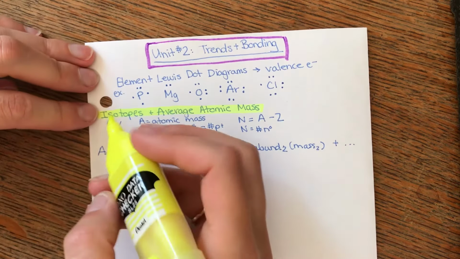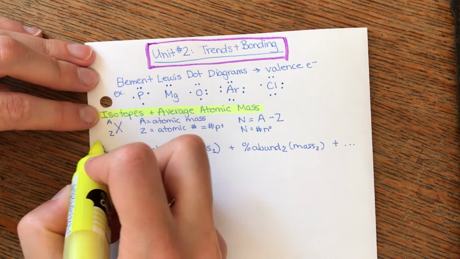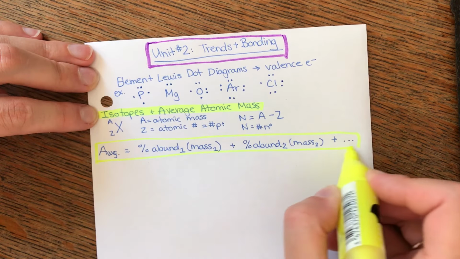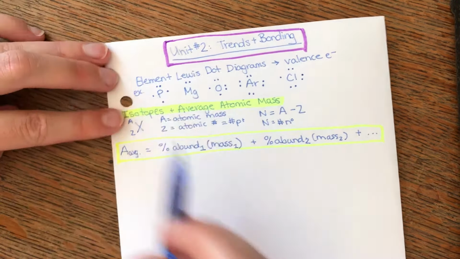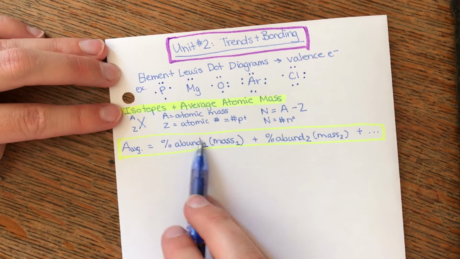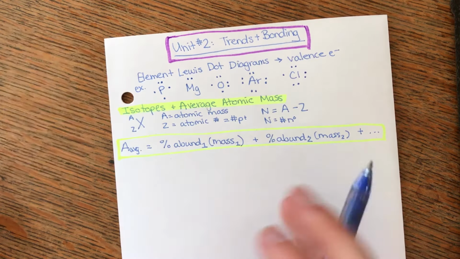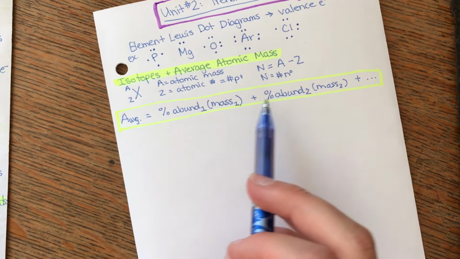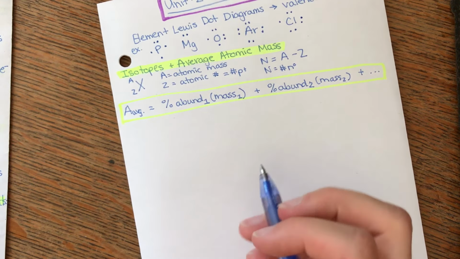So that's an important formula for you to know how to use. It is on your formula sheet, but you've got to make sure that you do the order of operations right, so the multiplication first before you start adding them up. There will be a calculate the average atomic mass of this element question on your exam.